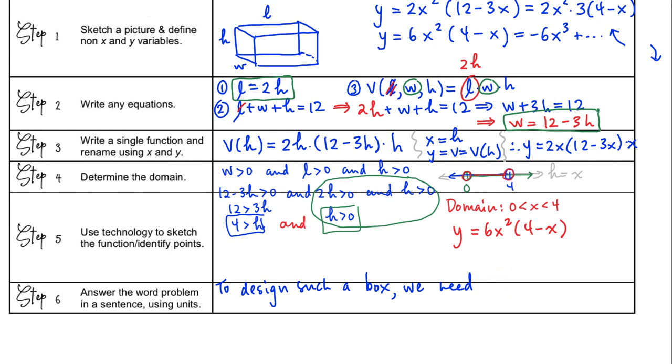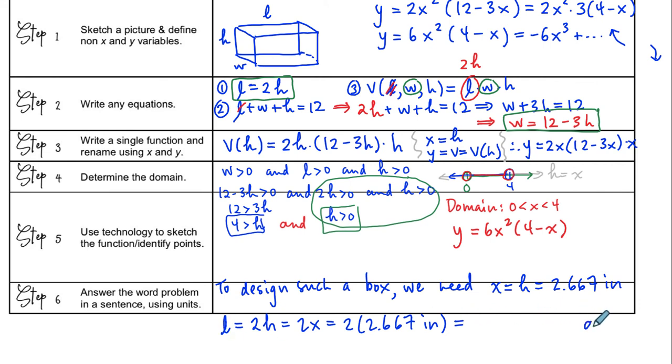X equal to height equal 2.667 inches. We need the length, which was equal to 2 times the height, which is equal to 2 times x, is equal to 2 times 2.667 inches. We can work that out in a minute.